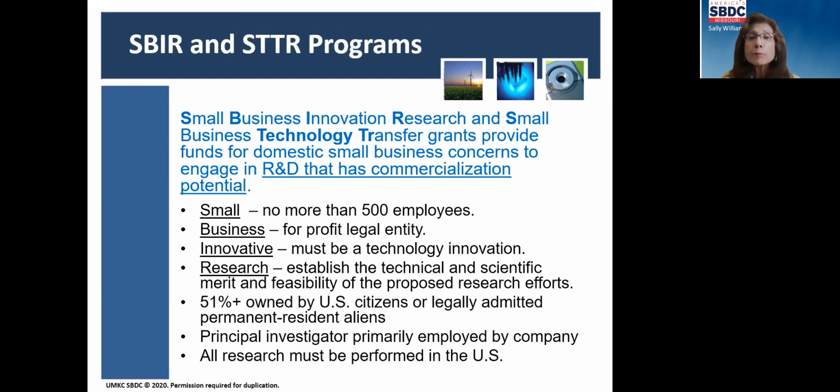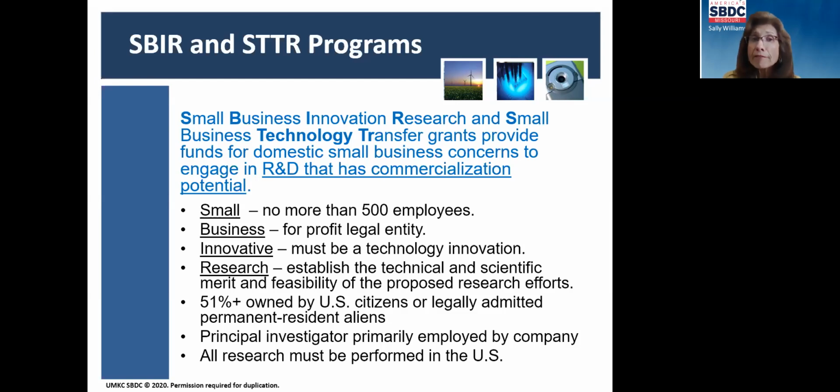So SBIR and STTR programs have a few criteria of which there are no exceptions. First of all, the application must be from an organization of no more than 500 employees. That's different than the way the Small Business Administration classifies small businesses, which is primarily about revenue.